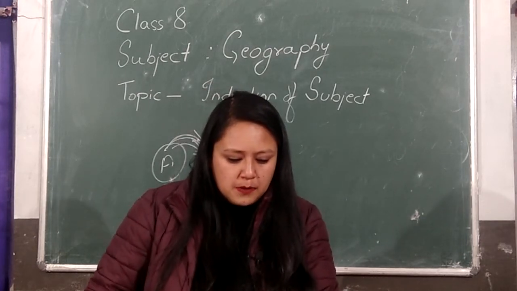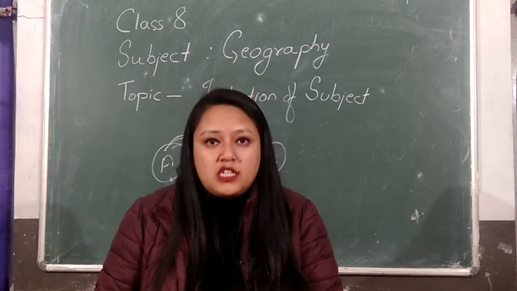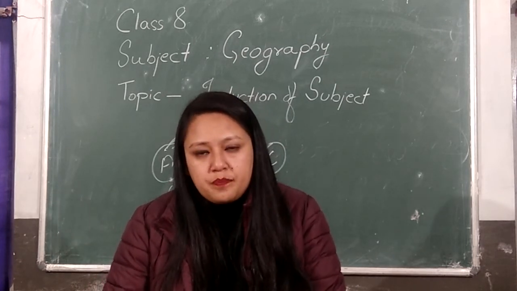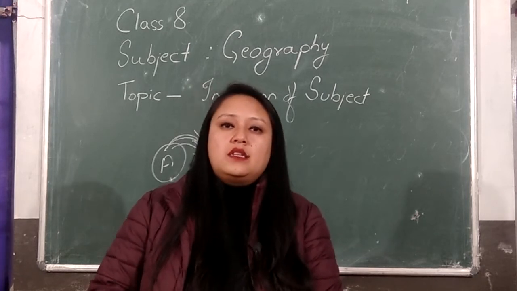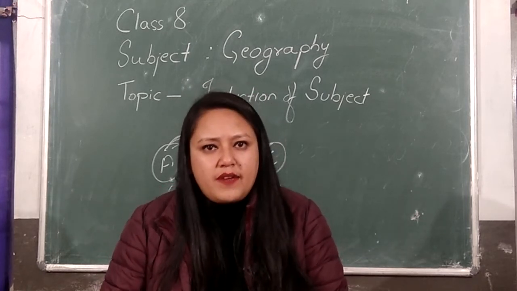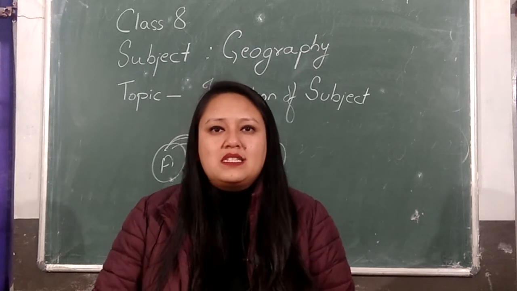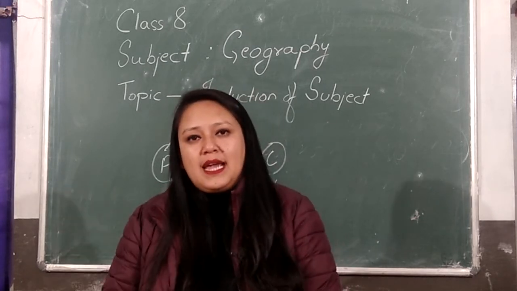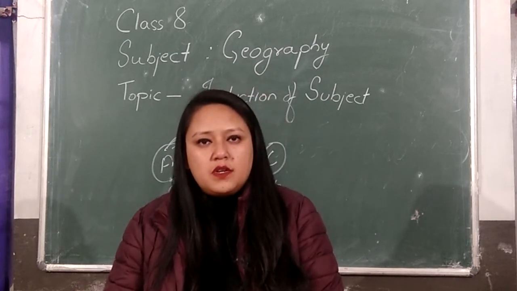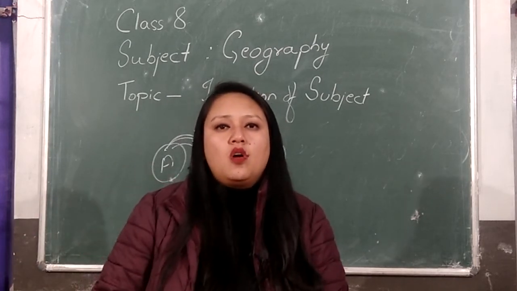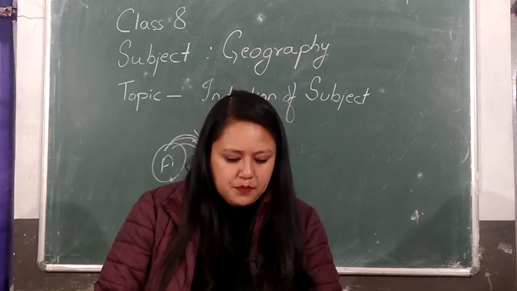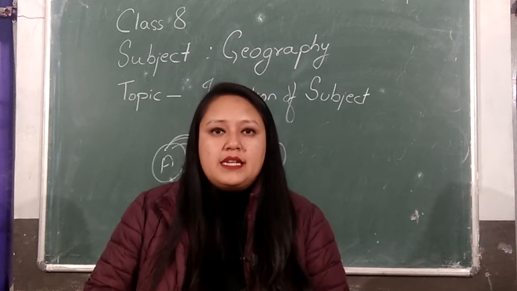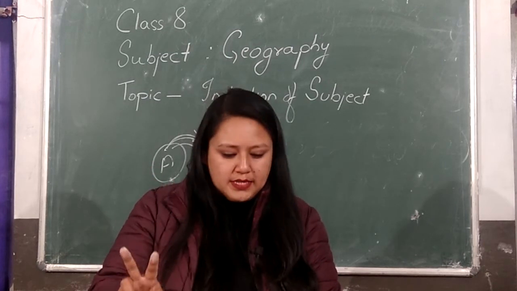And then comes Asia, because India is a part of Asia. We are going to learn the details, the physical factors, the political factors, the relief features, the climate, the mountains, the rivers. We are going to learn about all these things in this chapter. Asia, the largest continent, is divided into two parts.